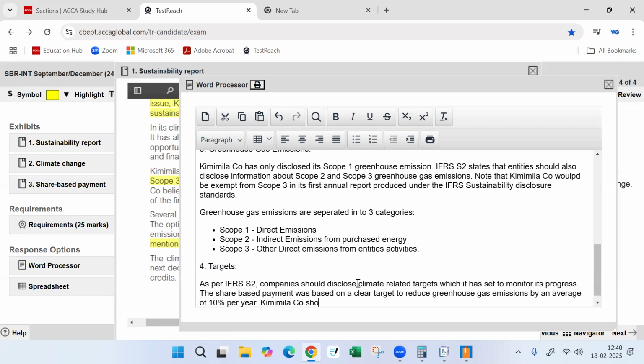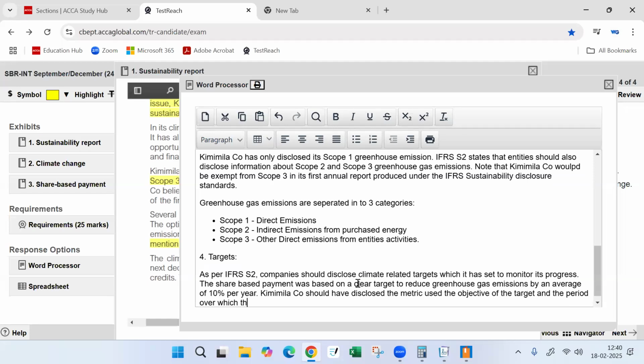Kimi Mila company should have disclosed the metric used, the objective of the target, and the period over which the target is applied. It should also disclose the fact that it did not satisfy the climate related target.